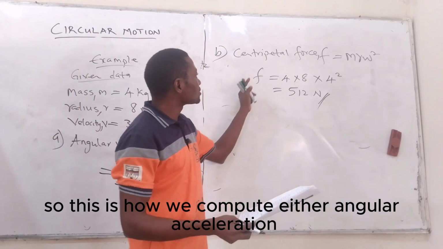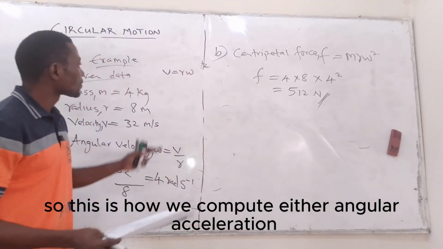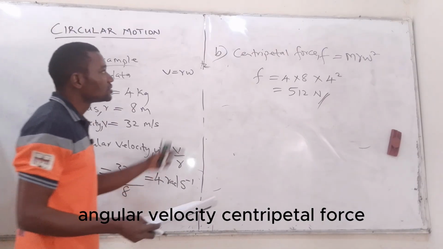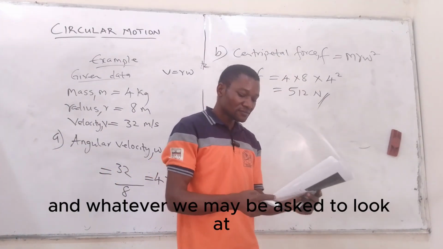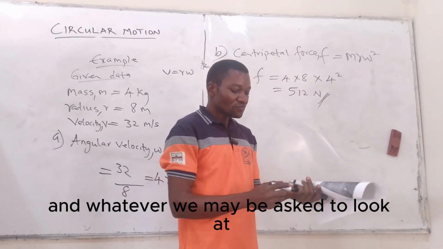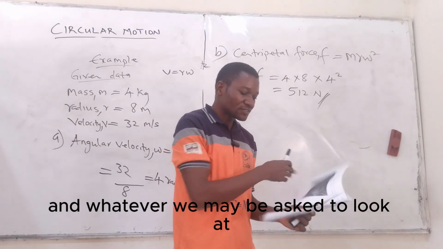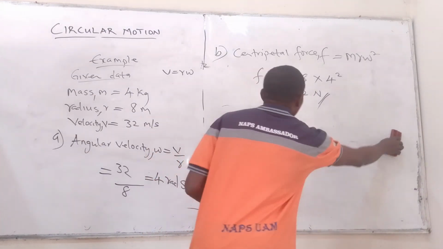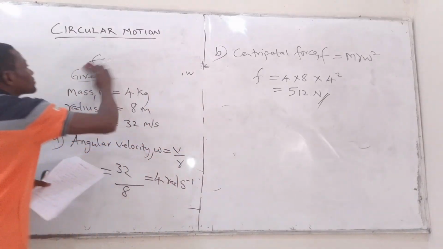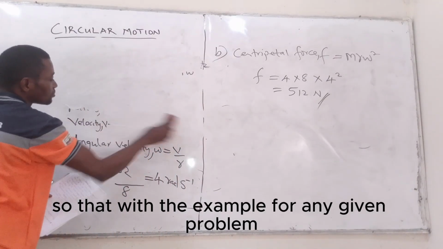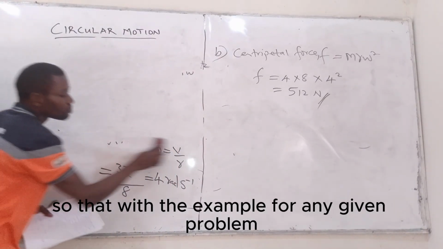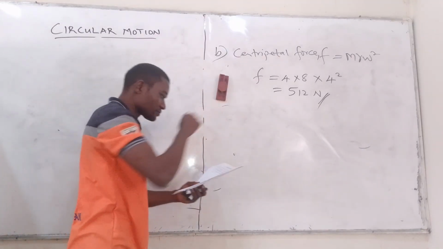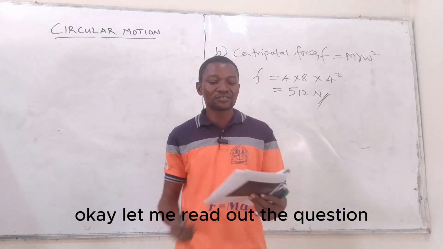So this is how we compute angular acceleration, angular velocity, centripetal force, and whatever we may be asked to look at. Okay, let's solve another example again, so that with the examples, for any given problem, you will be able to solve them. Let me read out the question.